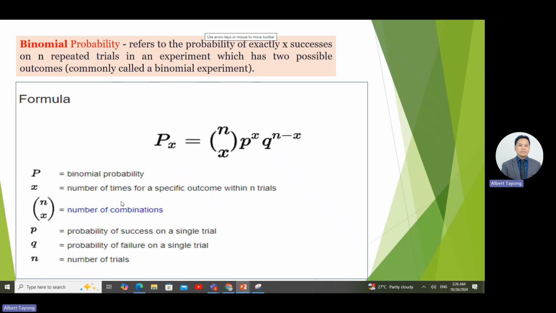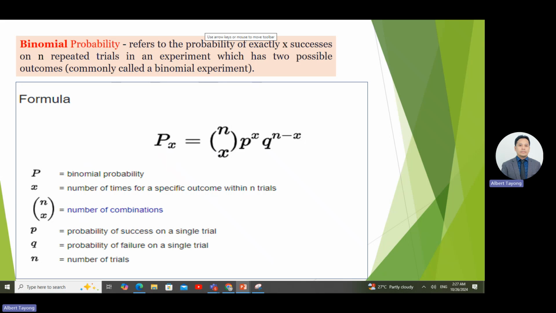So x here is the number of times for a specific outcome within n trials. In combination, it is the number of items that we choose. For example, there are 5 items and we choose 2, our x is equal to 2. So the order does not matter because it is a combination.